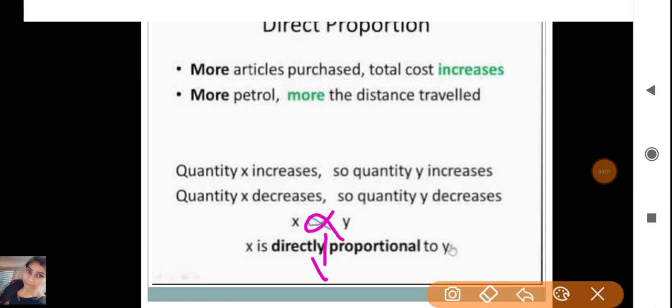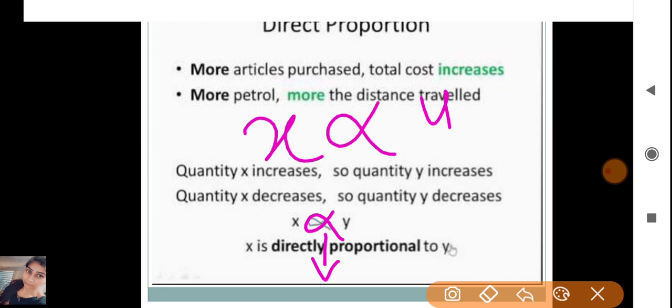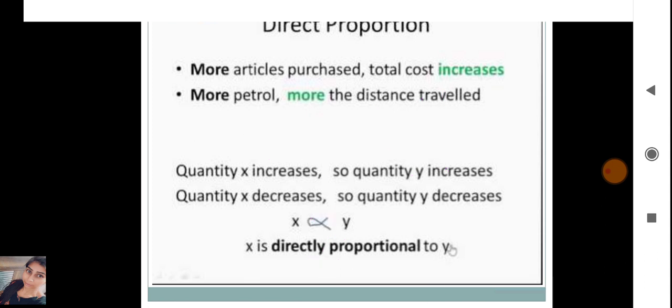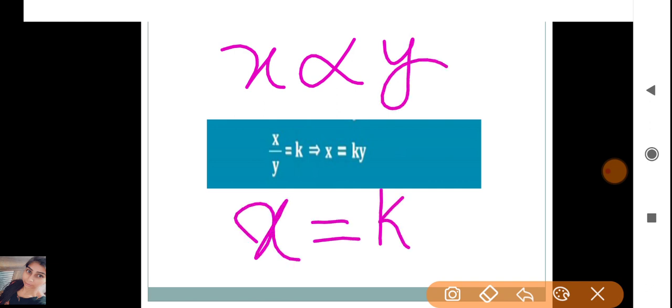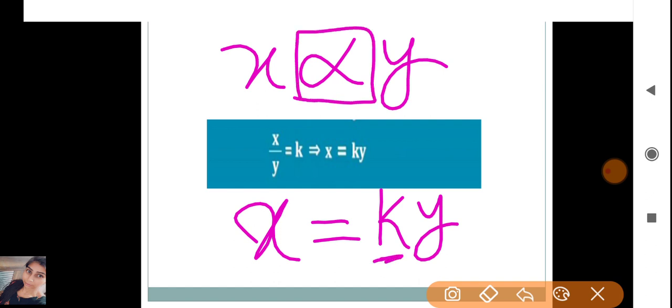This sign is for directly proportional. So we can say that x is directly proportional to y, and you can write the same thing as x = ky. The proportionality sign is replaced with k, and this k is called the constant of proportionality. Now if you want to find the value of k, I can write this as x by y.